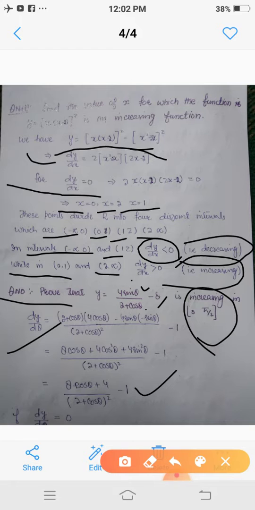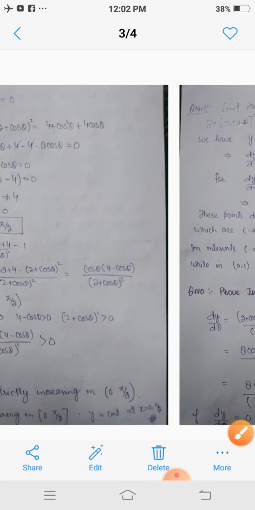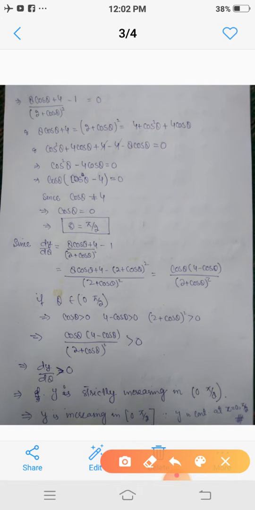So for stationary points we put dy by dx equals 0. By simplification, using cross multiplication, we simply get cos square theta minus 4 cos theta equals 0. Taking cos theta common, it implies cos theta into (cos theta minus 4) equals 0.